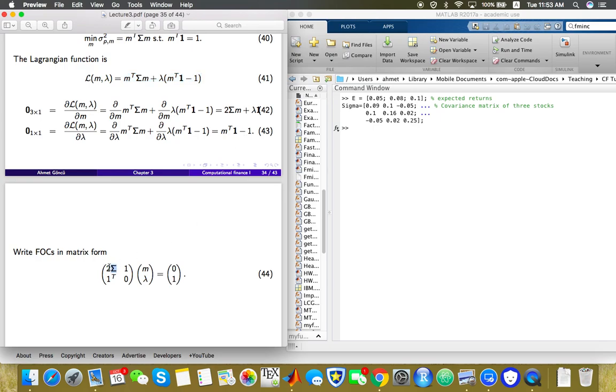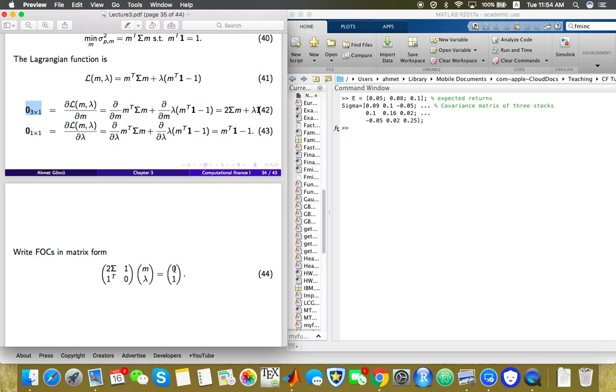You can see that the first thing here is actually a matrix times this vector of investment weights m, and then you have this lambda, which is a scalar, but it is multiplied with every element of the vector of 1s. So actually here you have a column vector 3 by 1, and on the right hand side these first order conditions are equal to 0.